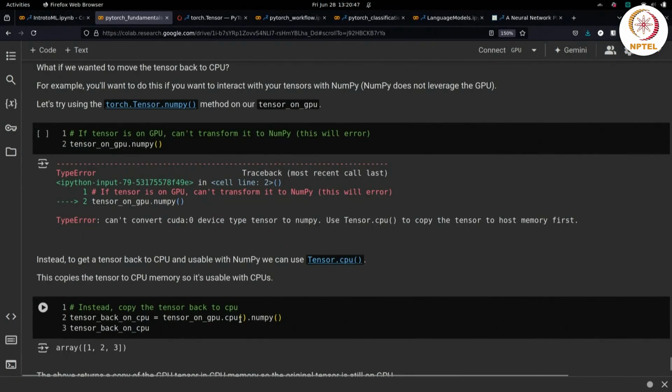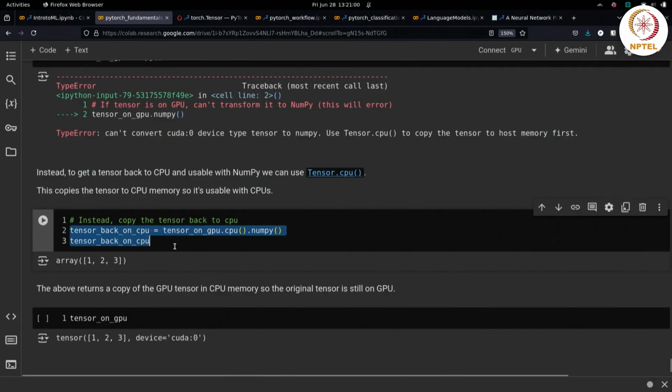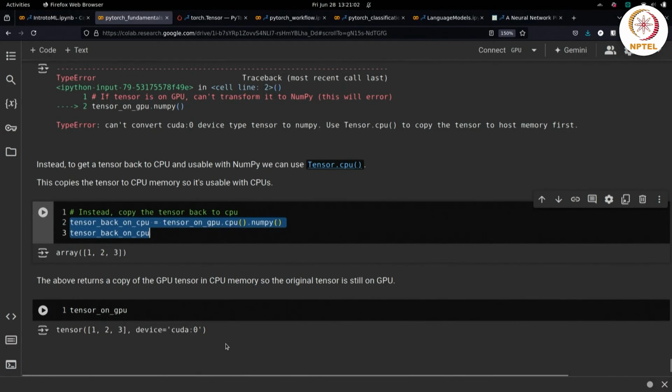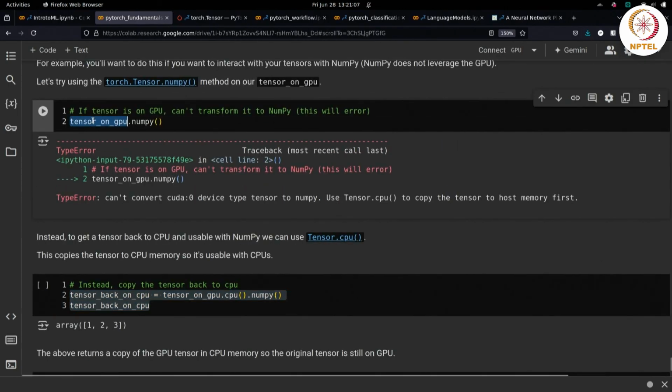If a tensor is sitting on GPU and you want to move it back to CPU, you have to use certain syntax like this. When this tensor is sitting on GPU and you directly try to convert it to NumPy, it gives an error: can't convert.